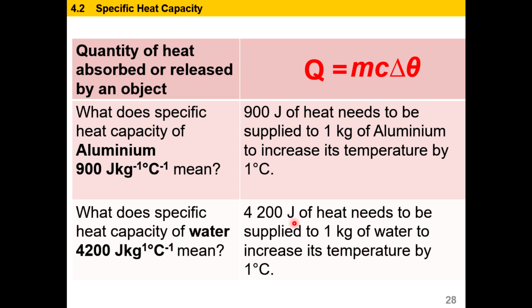So it means that the bigger the value of specific heat capacity, the slower it is to become cooler. And the smaller the specific heat capacity of an object, the faster it becomes hotter or cooler.